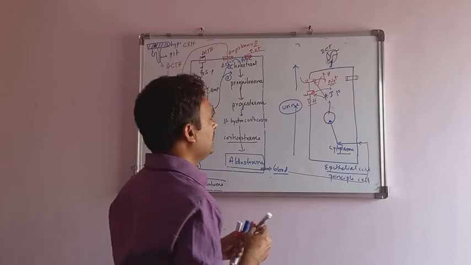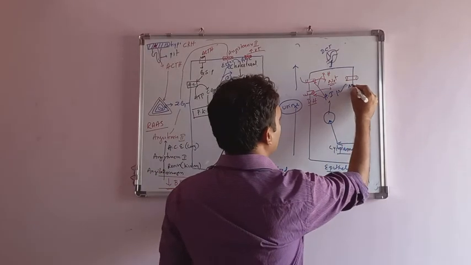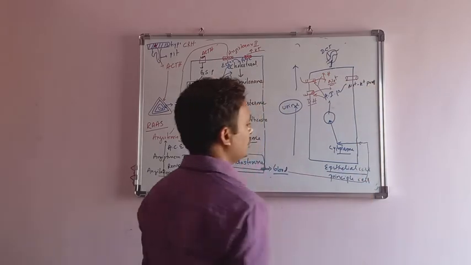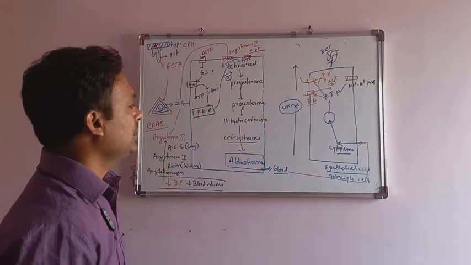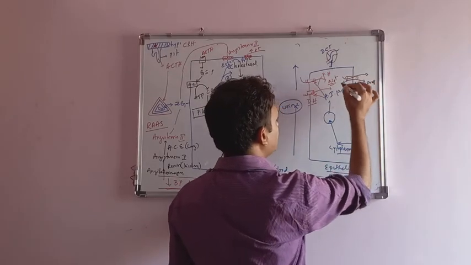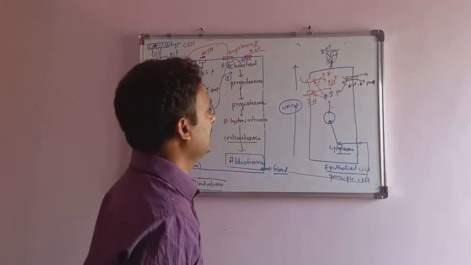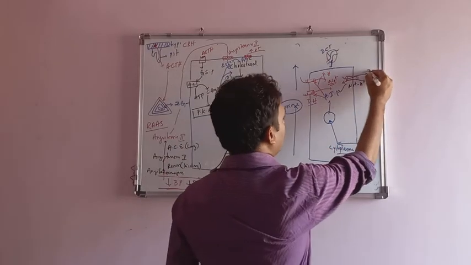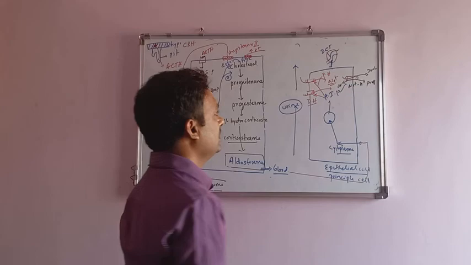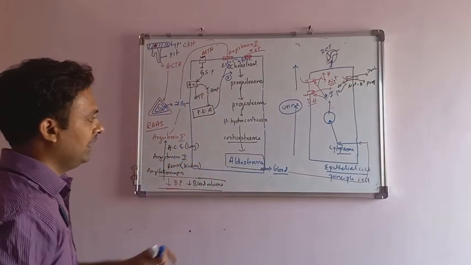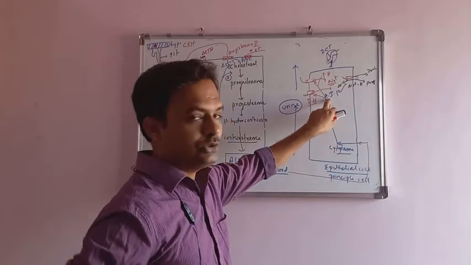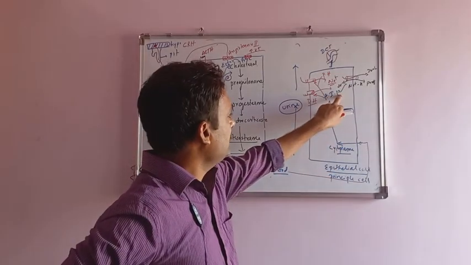After that, it will stimulate the sodium potassium pump, so that 3 sodium will go out and 2 potassium will enter into the cell. Ultimately, whenever the blood aldosterone is stimulated here, it leads to aldosterone induced protein synthesis.